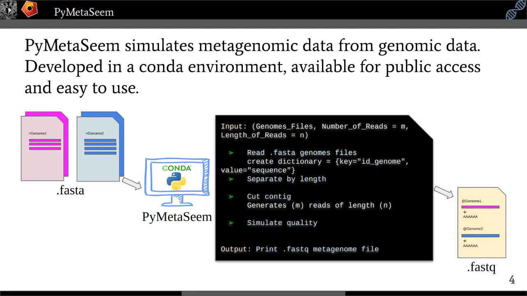Then, random reads of a given length n are cut from the nucleotide sequence. The quality of the reads obtained is simulated and a FASTQ file is created that shows the metagenomic data with the respective rate.